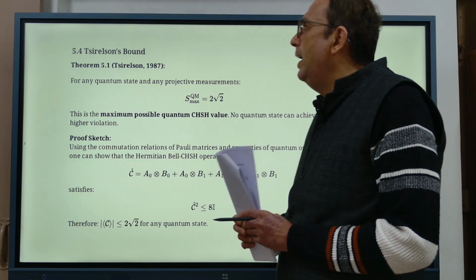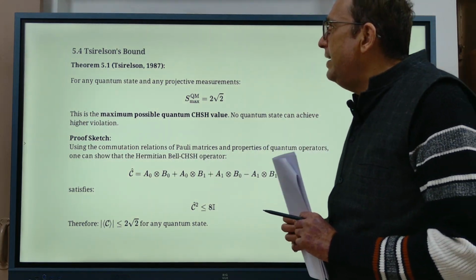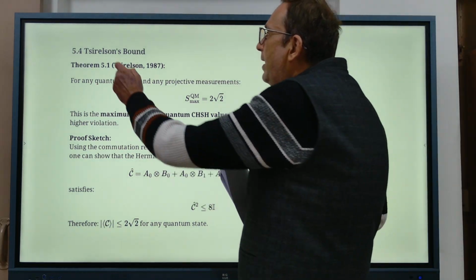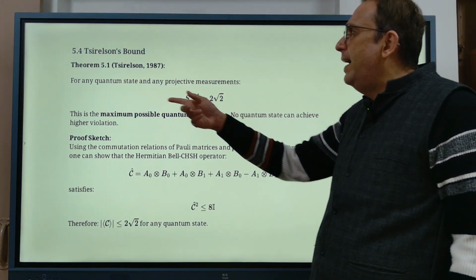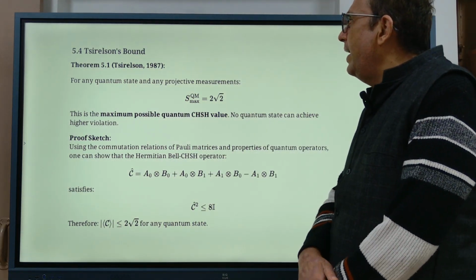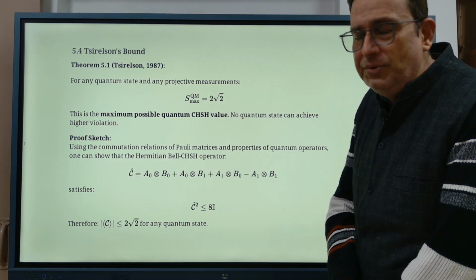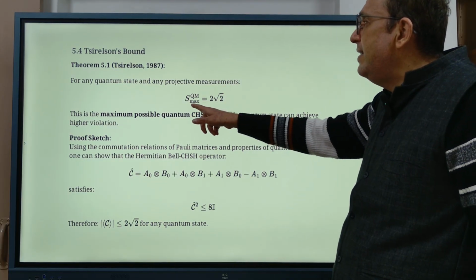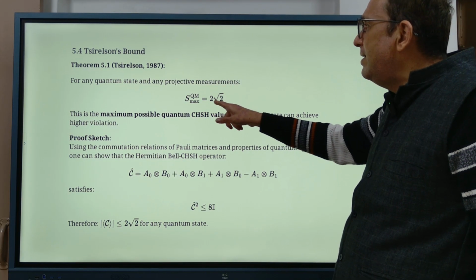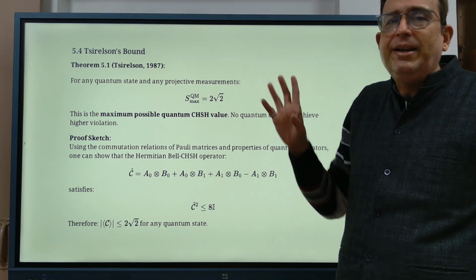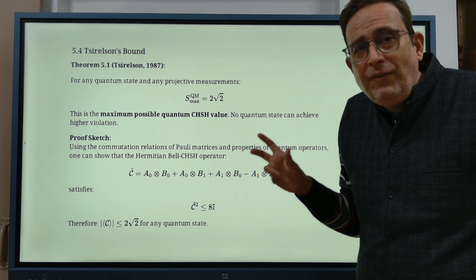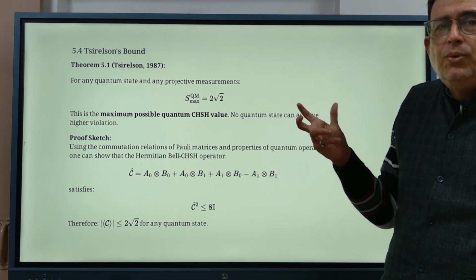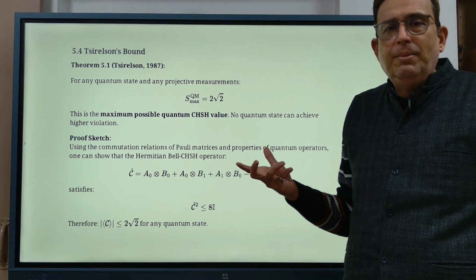So then in 1987, Tsirelson proposed a bound, and he said that for any quantum state and any projective measurement, the value of the CHSH operator can be at maximum 2 root 2. It can never be greater than 2 root 2, but it can be greater than 2, which is the bound that one gets from the local hidden variable theory.